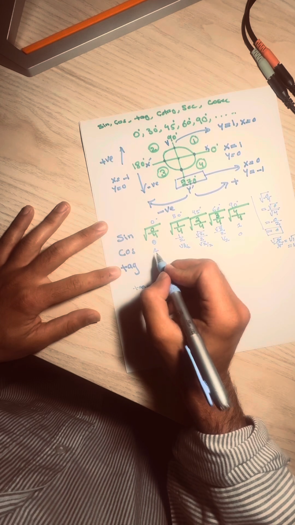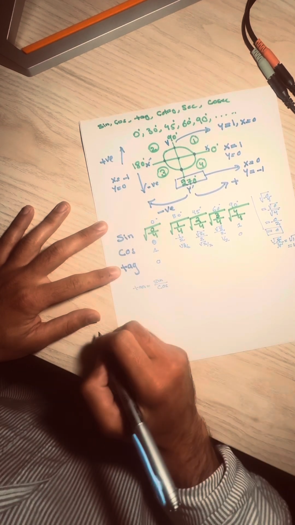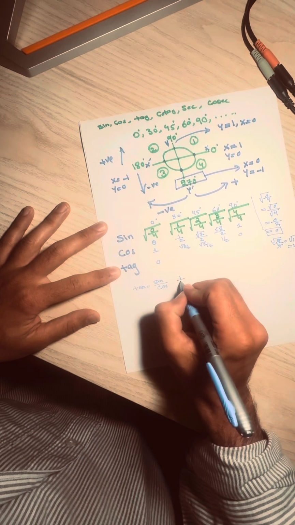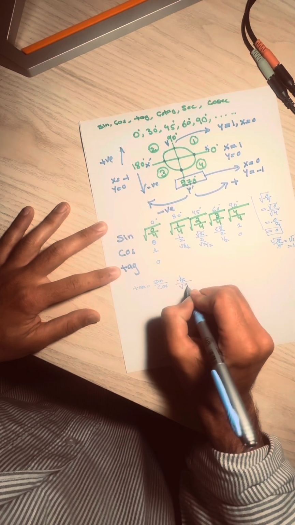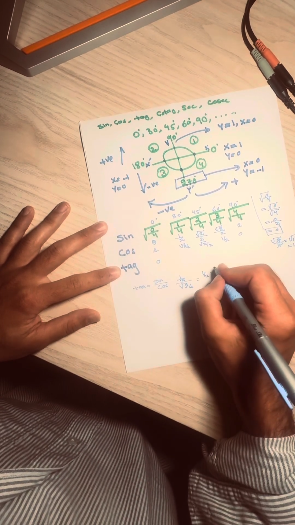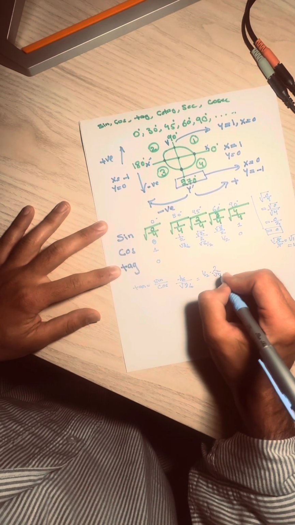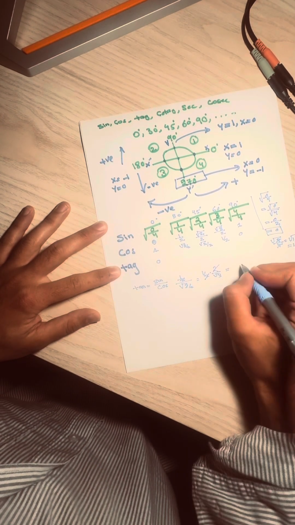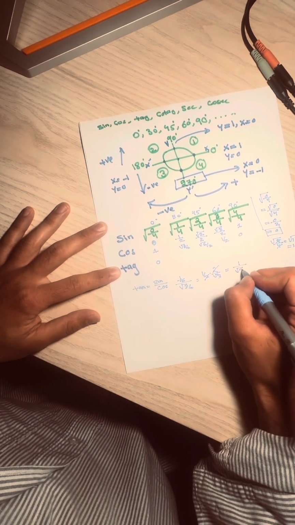So 0 by 1 is what? 0. Now, divide this by this. 1 by 2. Divide by root 3 by 2, which is 1 by 2. And another one is 2 by root 3. Yes? This into this over. Now, we are having 1 by root 3.